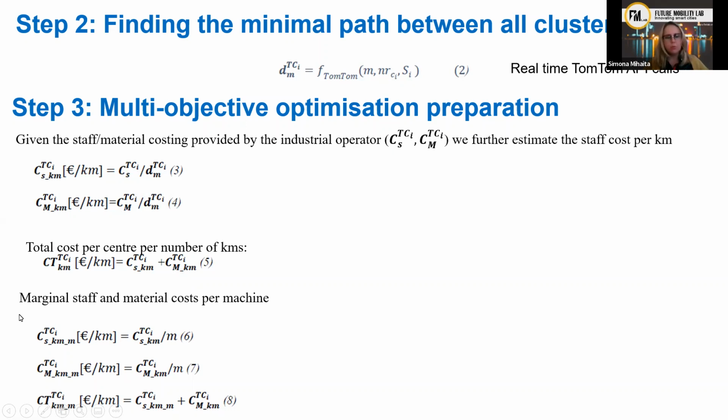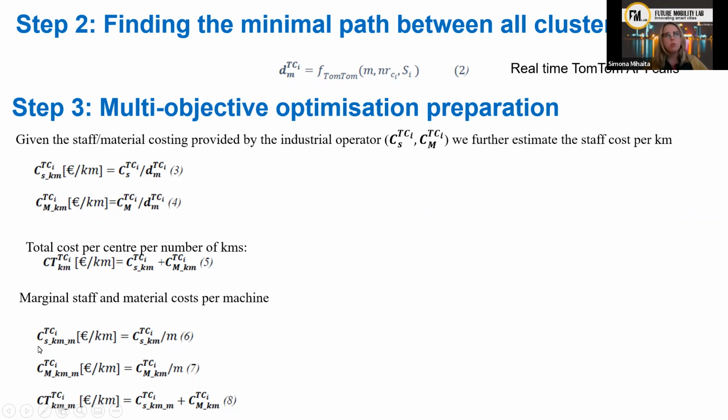And the last step, which is critical, is that you can go even further and calculate the marginal staff and material cost. What do I mean by marginal? Marginal means how much you are spending per kilometer for each technical center, but divided by how many machines you have. So it's kind of like a cost estimation based on the number of machines that you have in your technical center. Why did we calculate this marginal cost?